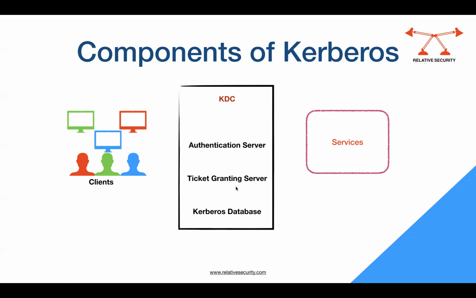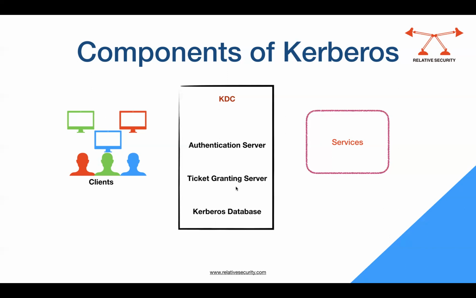So if my client on the left side wants to access any of the services on the network, be it a printer, a file sharing service, or a database server, it has to authenticate itself using a third party. In this case, the third party would be the KDC.